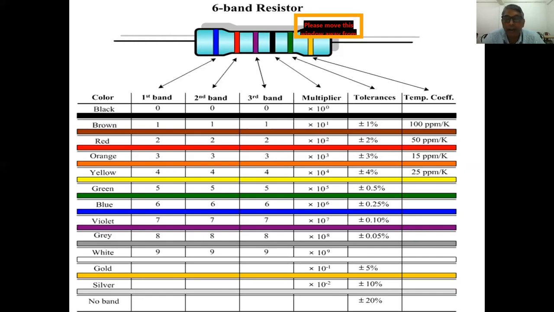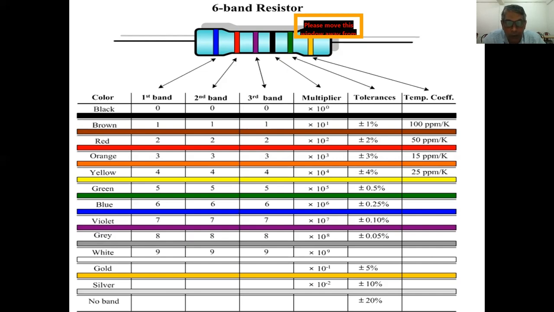violet, gray, white. And to identify the values, normally all the resistors have three bands: first, second, and third band. And the tolerance band is also there, and it is always calculated as gold, silver, and sometimes no band.